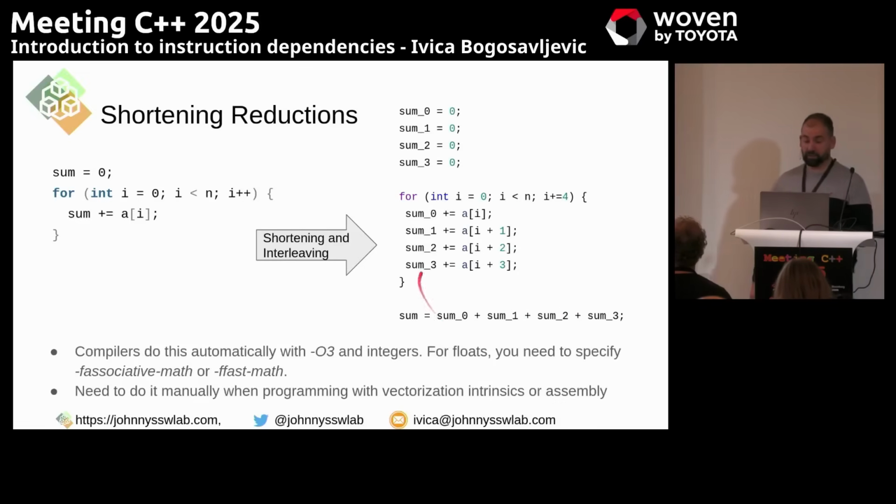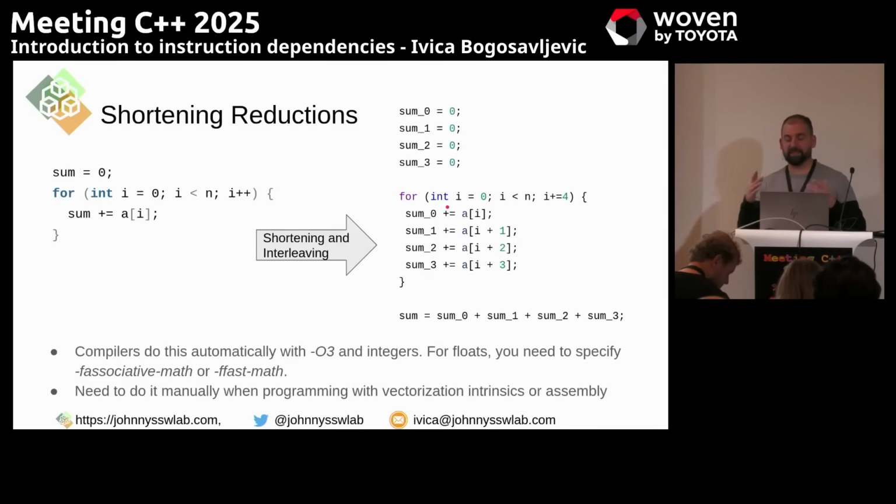Now the compilers actually do this optimization for integers, and we compile with those. They don't do it for floats, because when you change the order of summing, you're actually changing the results a little bit, because floating point is not perfectly associative, and then the compilers omit that. But if you pass the compiler -fassociative-math or -ffast-math, it will also work.